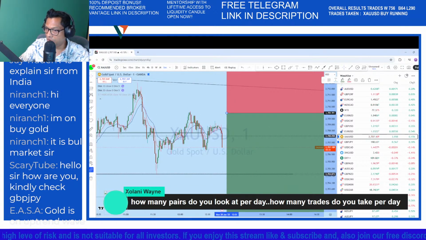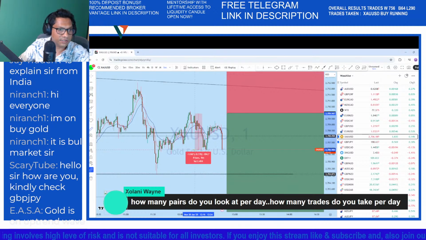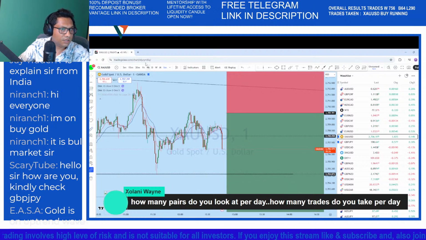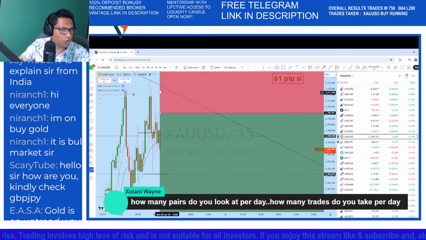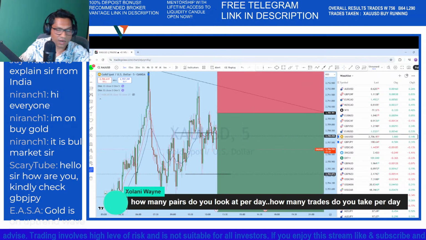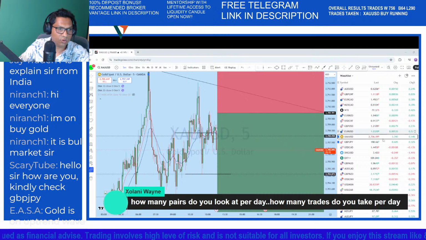I'm still holding it. So with this move, as this market is sideways, I'm going to exit with the running profit on that. So I have just exited the trade with the running profit, as we see some sideways movement.